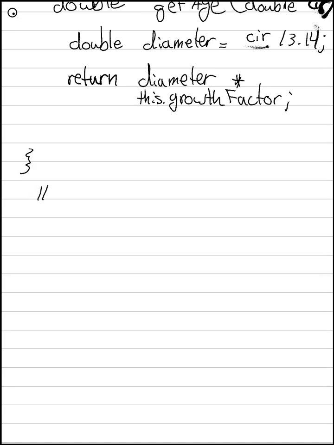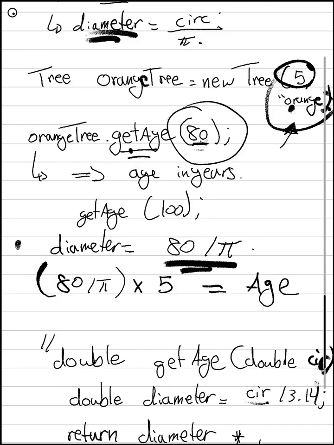So we expect, remember we have the tree class already. We have this example tree. So let's say the orange tree already exists with growth factor 5 and kind orange.